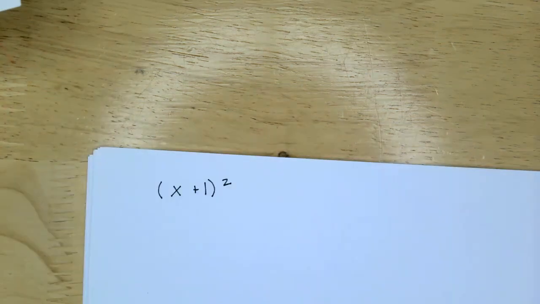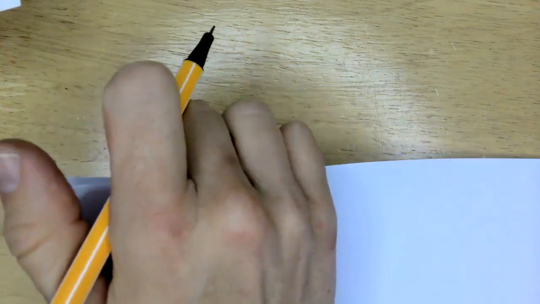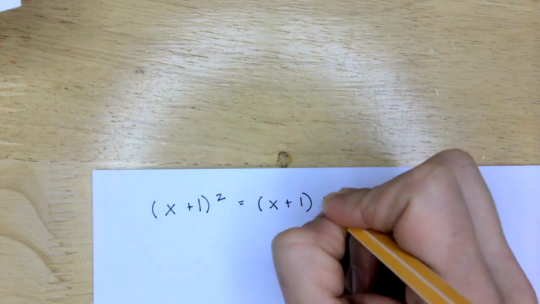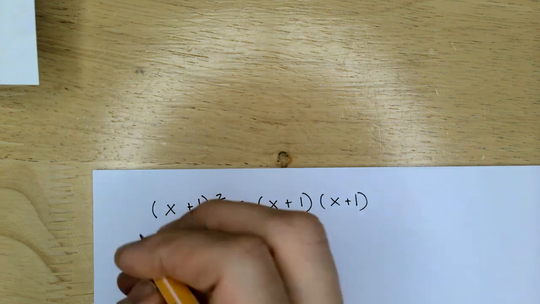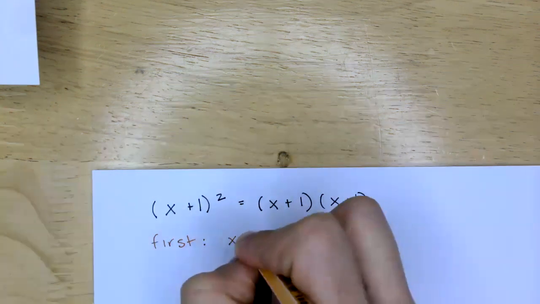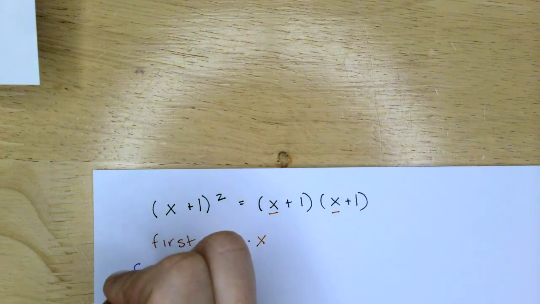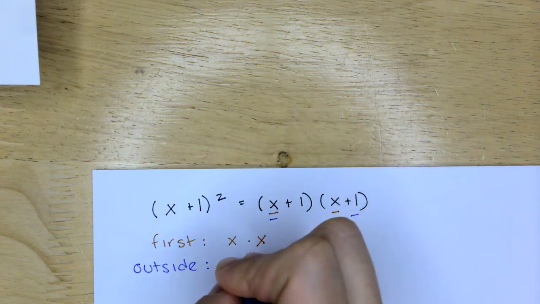What if you just have x plus 1 quantity squared, right? So what you need to remember when you have the whole binomial squared, when that exponent 2 is outside the parentheses, is that this becomes x plus 1 times x plus 1. Good, but same thing. The first term is x times x. The outside term is x times 1.